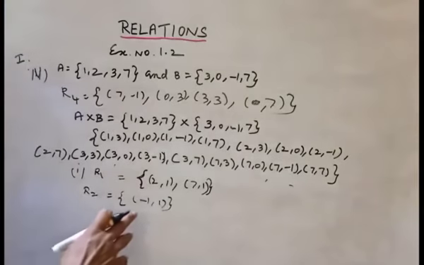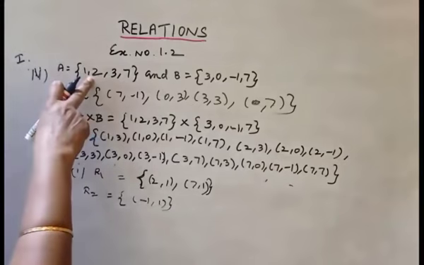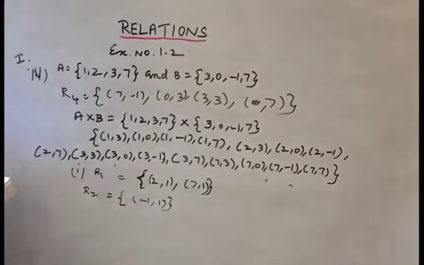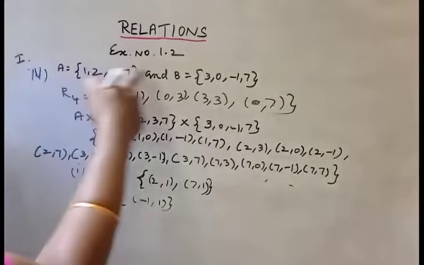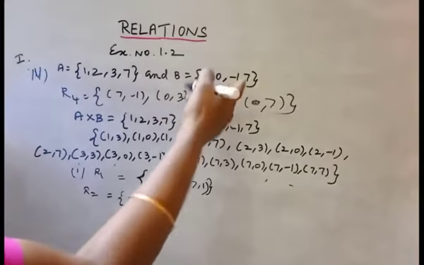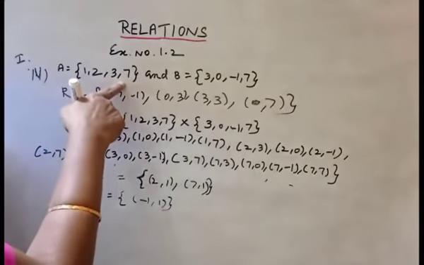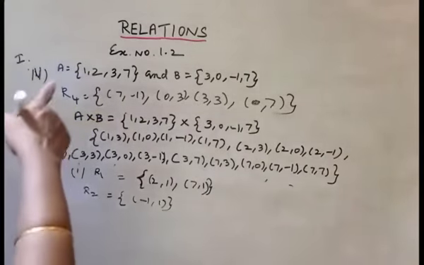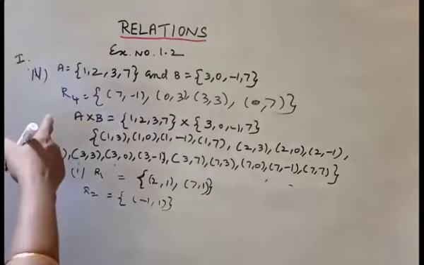Same way, -1 is not in A. So R2 is not a relation from A to B. Third one, R3: (2, -1), 2 is in A, -1 is in B. (7, 7), 7 is in A, 7 is in B. Next (1, 3), 1 is in A, 3 is in B. So R3 is a relation from A to B. Okay.